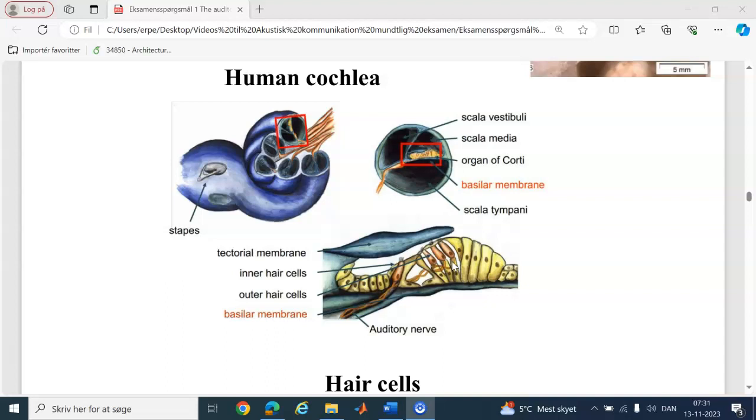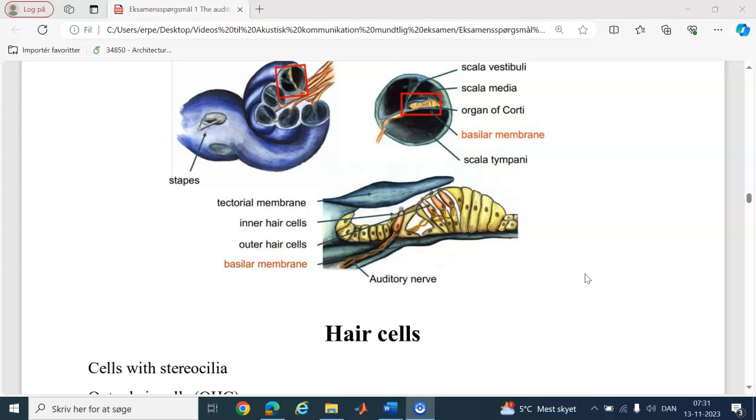The organ of Corti consists of inner hair cells, outer hair cells, and the tectorial membrane, which is in touch with the outer hair cells.